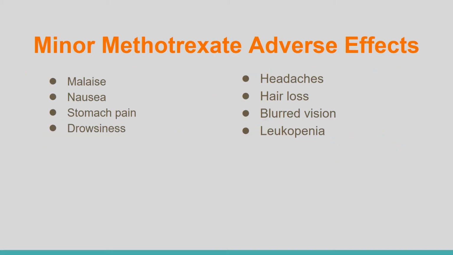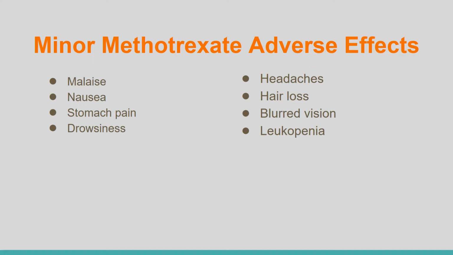Along with its needed effect, methotrexate may cause some unwanted minor adverse effects. Although not all of these side effects may occur, if they do occur, they may need medical attention. You should check with your doctor immediately if you experience any of the following side effects, such as malaise, nausea, stomach pain, drowsiness, headaches, hair loss, blurred vision, leukopenia.